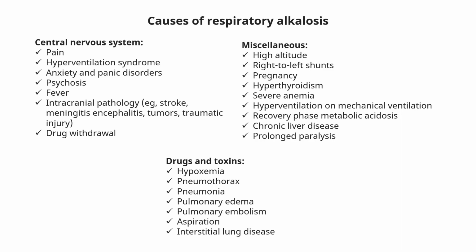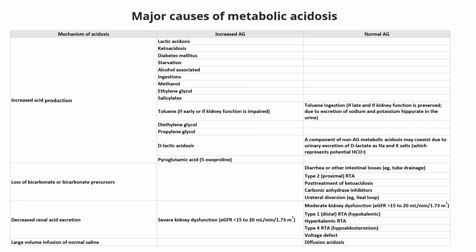Causes of respiratory alkalosis: you have the central nervous system, like your hyperventilation, your miscellaneous, like your hyperthyroidism, drugs and toxins. For the causes of metabolic acidosis, just know increased anion gap and normal anion gap. So familiarize the columns.